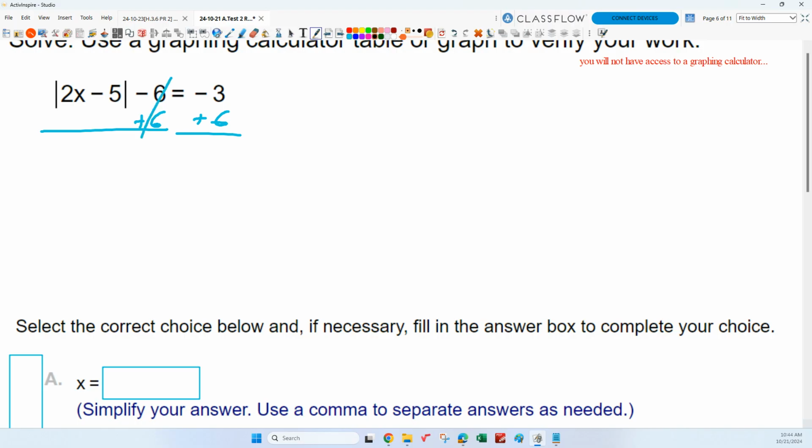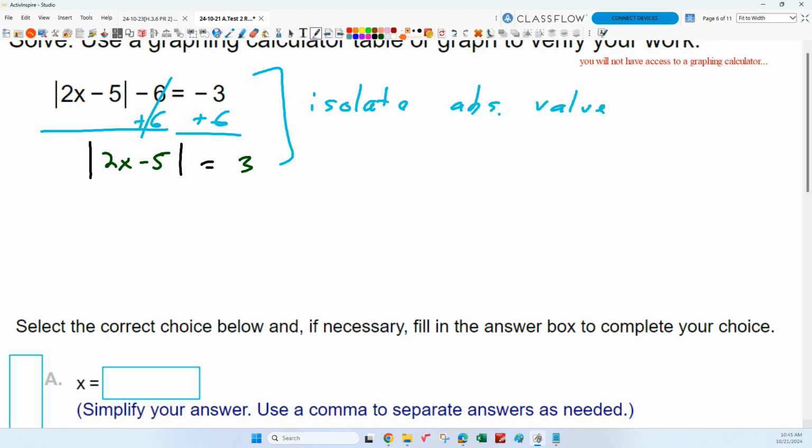And so then I get absolute value of 2x minus 5 equals 3, right? And that whole step was just isolate the absolute value.